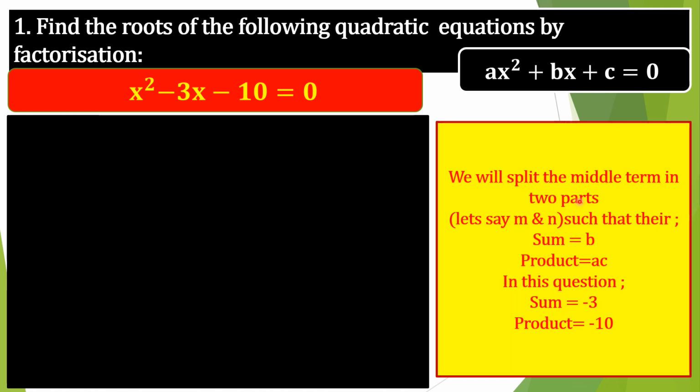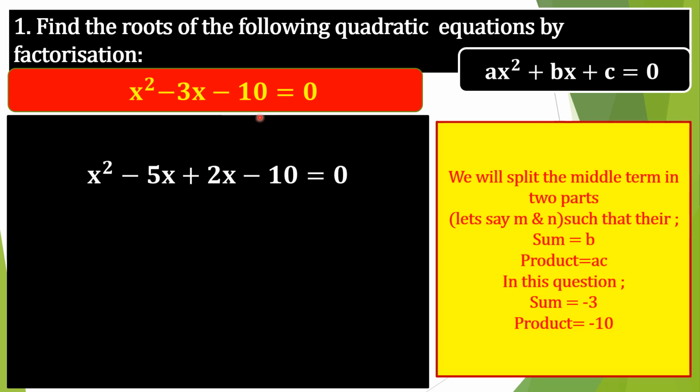So let's see. Now here, how can we split the middle term so that the sum is minus 3? Sum is negative, means the greater number will be negative. Factorization of 10: 1 and 10, 2 and 5.